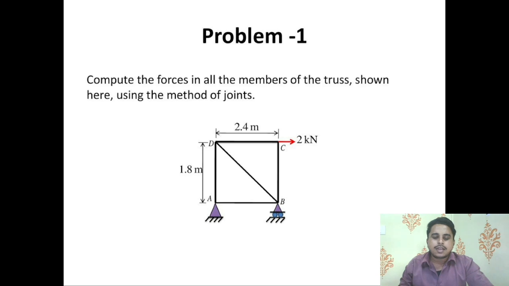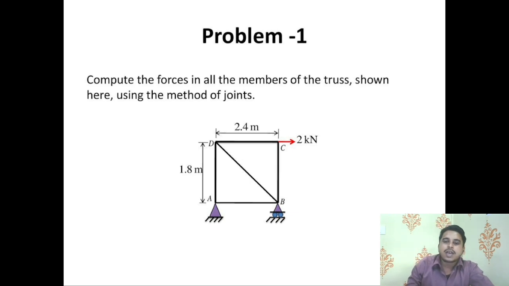So let us take an example. Basically, method of joint is a process to follow the forces joint to joint, and these forces over joints will decide the forces acting on or borne by the members.